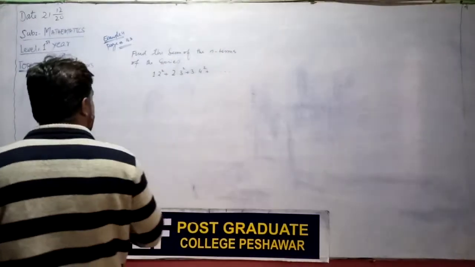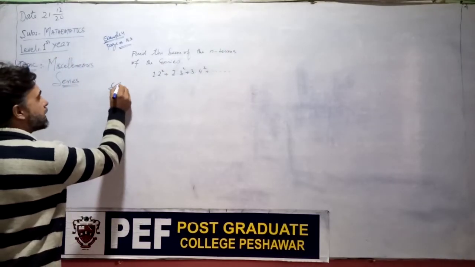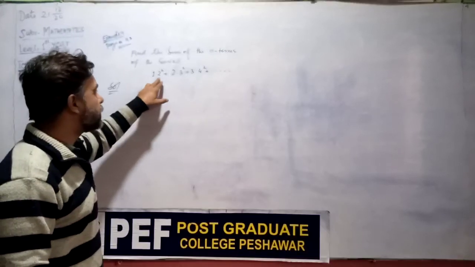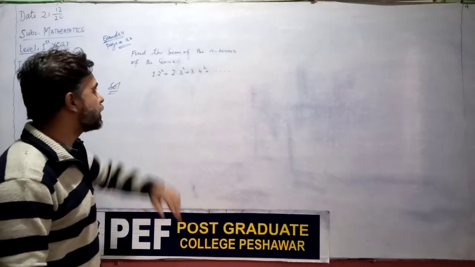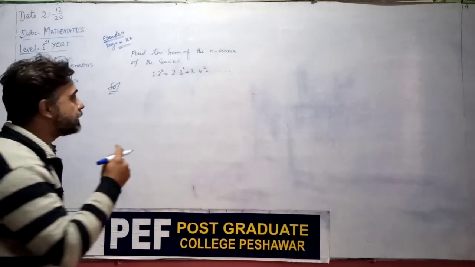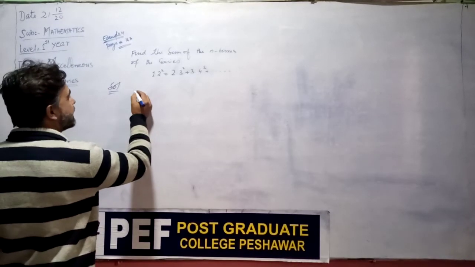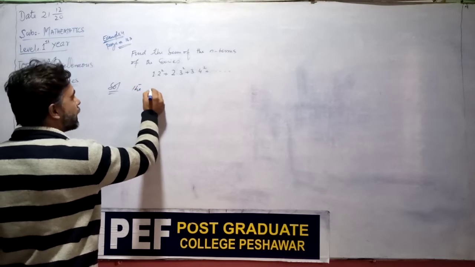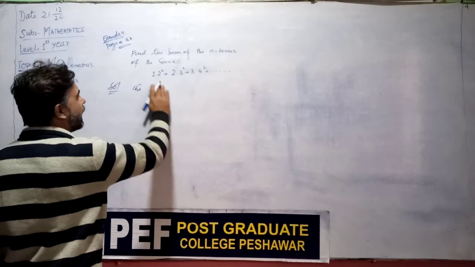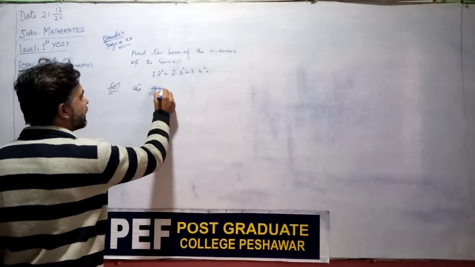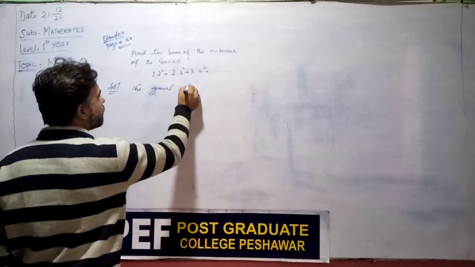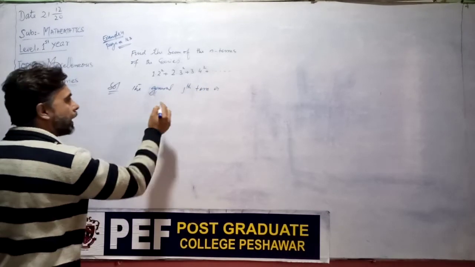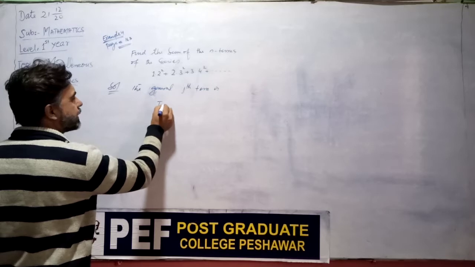By considering this series, you can see the pattern is 1 multiplied by 2 squared plus 2 multiplied by 3 squared. So generally, the jth term is, you may consider it Tj.